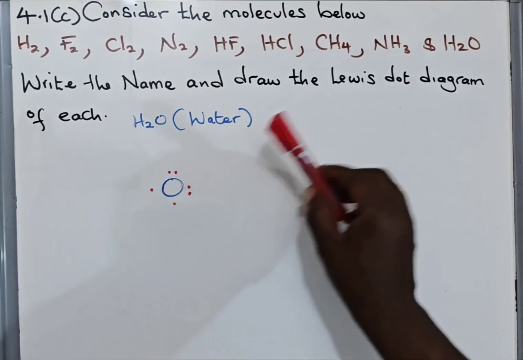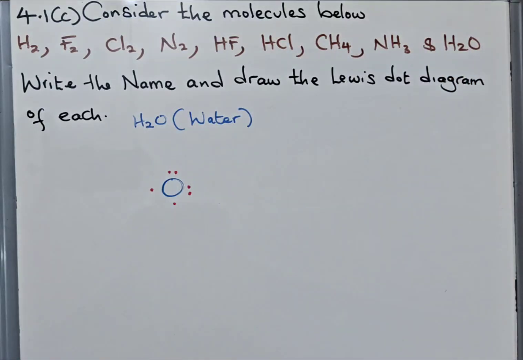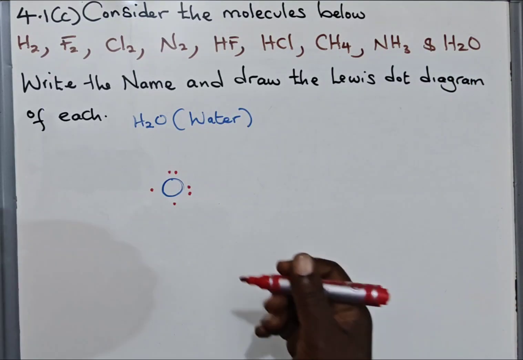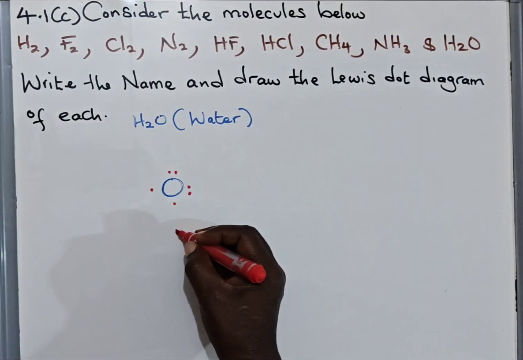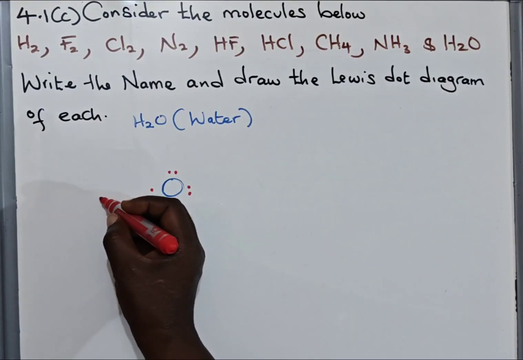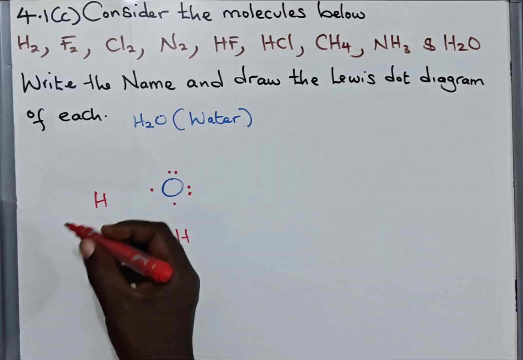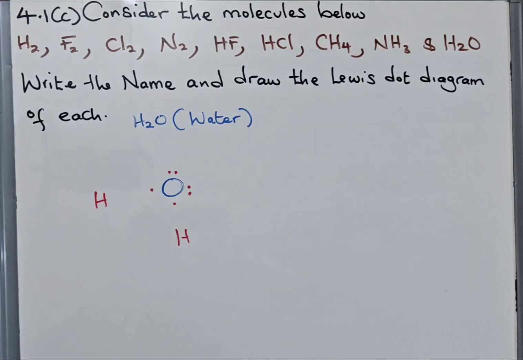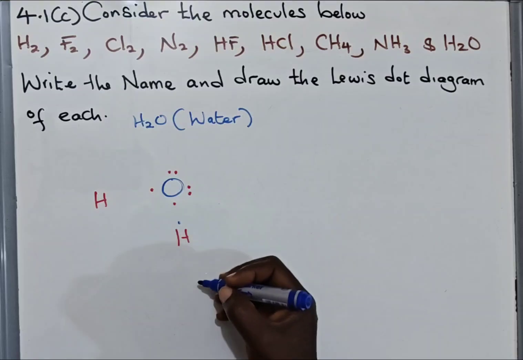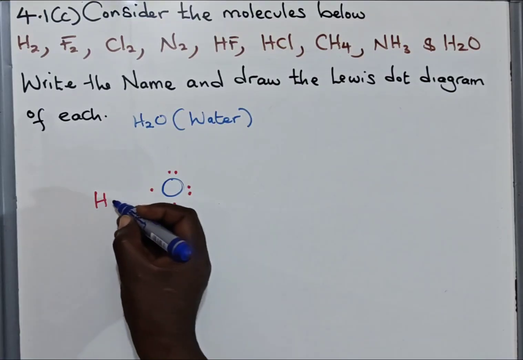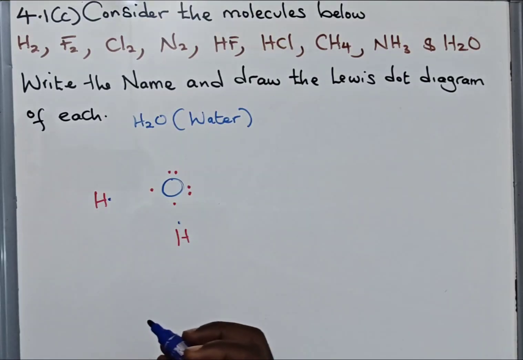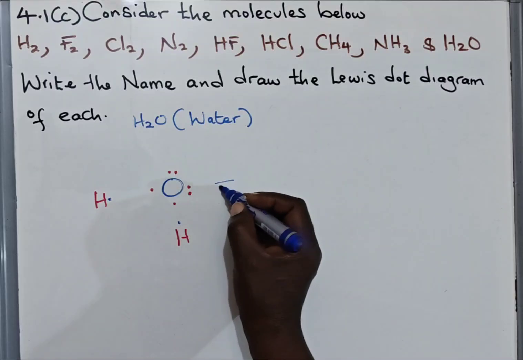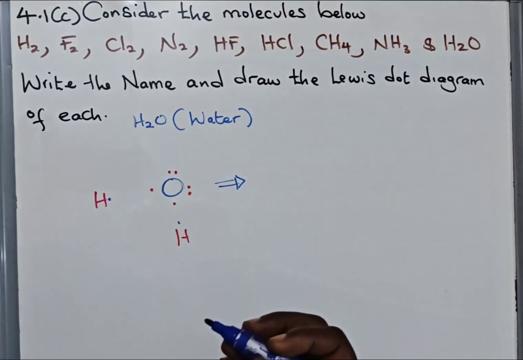No wonder there are 2 hydrogen atoms attached. So from here, the hydrogen comes and another hydrogen comes here. And you have to recall that hydrogen belongs to group 1. So you have 1 electron there and 1 electron here.